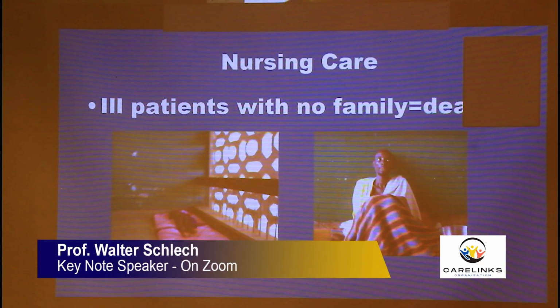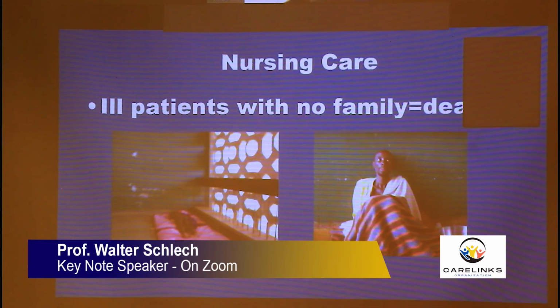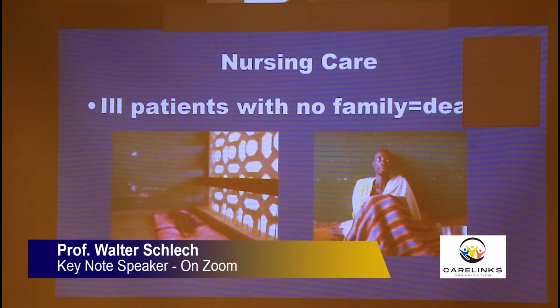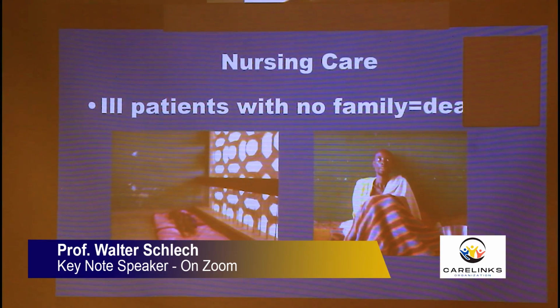Some of the hospitals, in fact, Malago Hospital supplies a small amount of posho and an egg for a meal, only one meal per day. And the families have to provide the rest of the meals. But if someone is not there to actually get the meal from the cart for the patient, then they don't get fed either. So that's the importance of having family around.